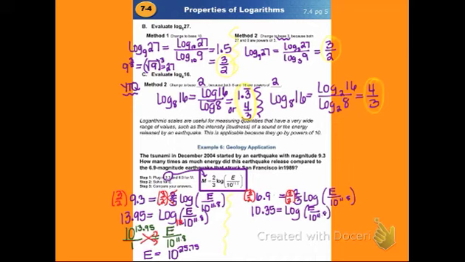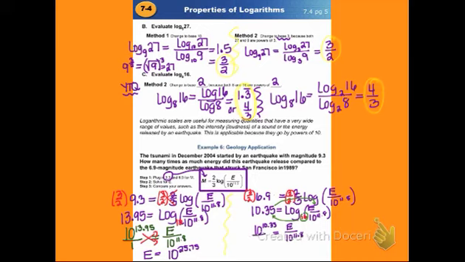Since this is a base 10 log, I can now go to exponential form. In other words, convert it by starting at the base, raising it to the power, and it will have to equal this result. So the base is 10, 10 to the 10.35 power equals E over 10 to the 11.8 power.